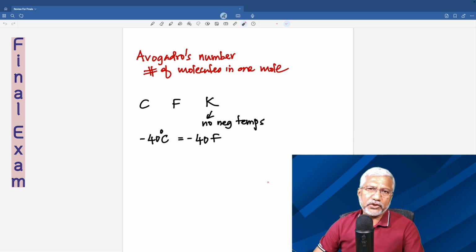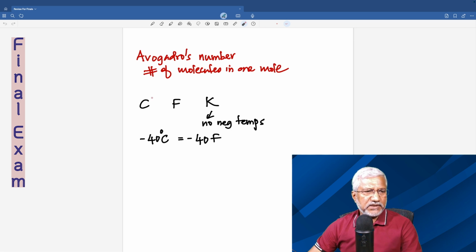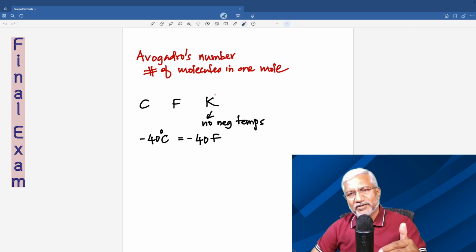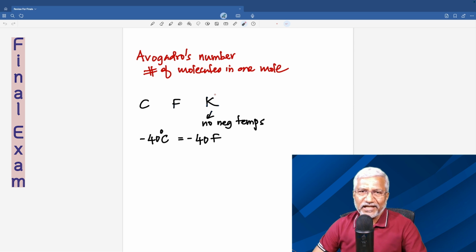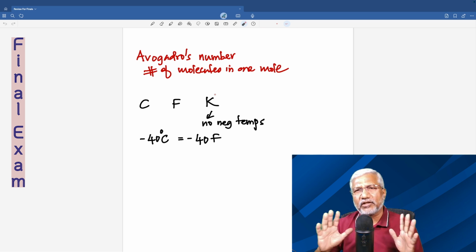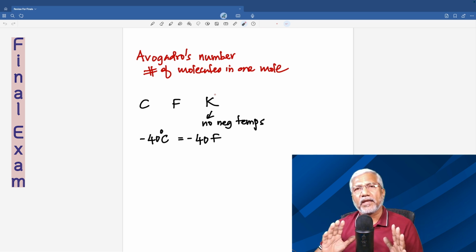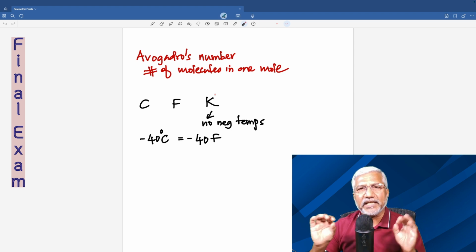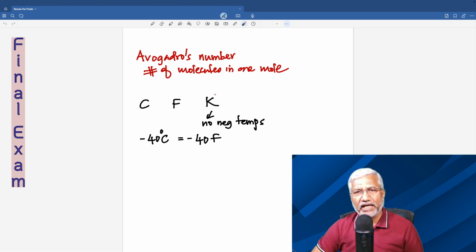Well, you got to know how to change from Celsius to Fahrenheit and Fahrenheit to Celsius. I'm not giving you the formulas here, but you got to know. You also need to know that Kelvin is the temperature scale that we have to use. If you use Kelvin all the time, you're never going to make a mistake. And the important thing about the Kelvin scale is that you do not have any negative temperatures on the Kelvin scale.